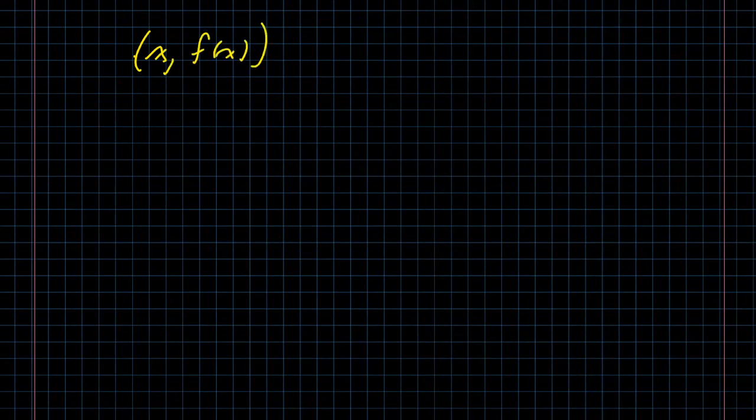We're going to have one point, x, f of x, and we're going to be moving to another point. I can think about moving to another point by taking my x coordinate and just adding some little bit that I'll write as delta x.